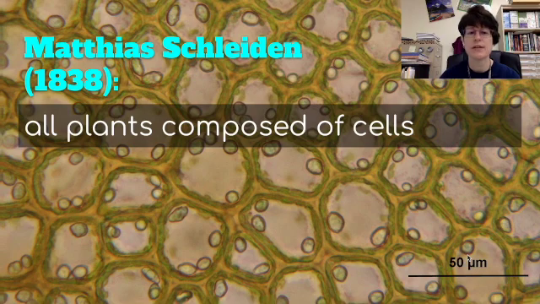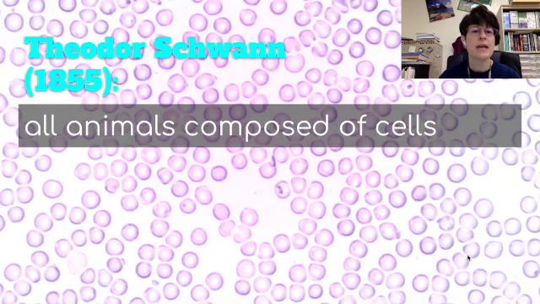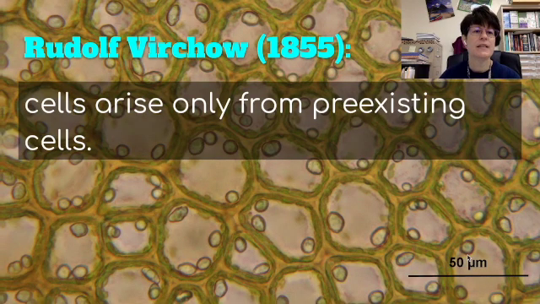That's what he discovered. He was a botanist. And Theodor Schwann in 1855 discovered that all animals are composed of cells. And here in the background, you see some blood cells. And then Rudolf Virchow, 1855, discovered that cells arise only from pre-existing cells.